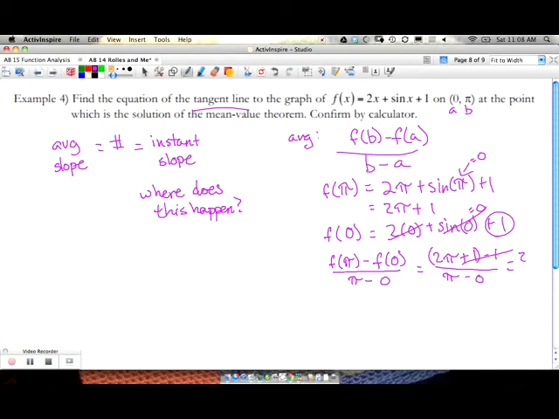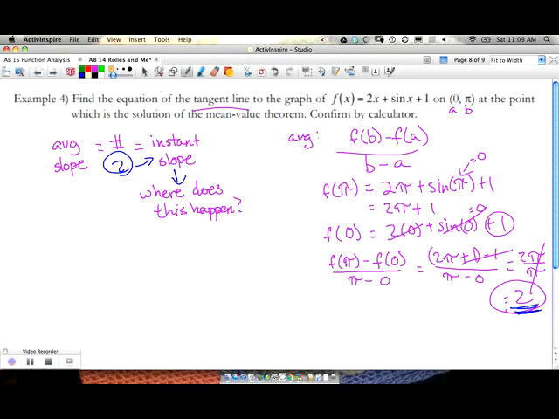Plus 1 minus 1 are going to cancel each other out. That gives us 2 pi over pi, or even more simply, just 2. So that's our number in the middle. 2 is going to be the number. That's what our average slope equals. So we got to set that equal to the instant slope and then answer the question, where does this happen?